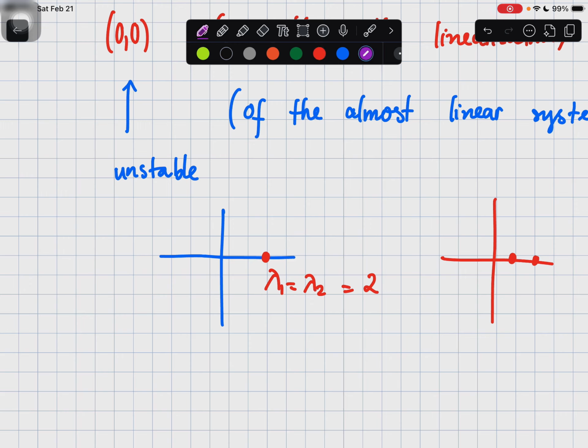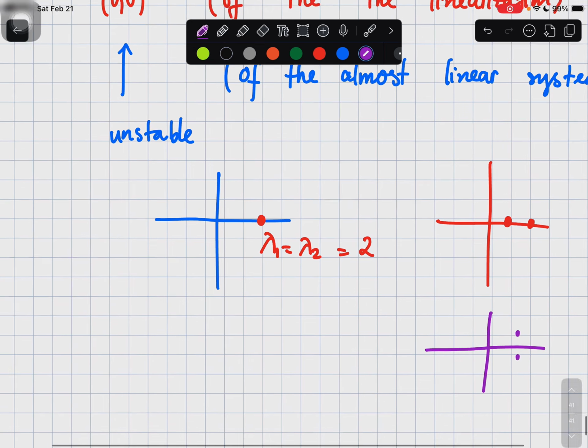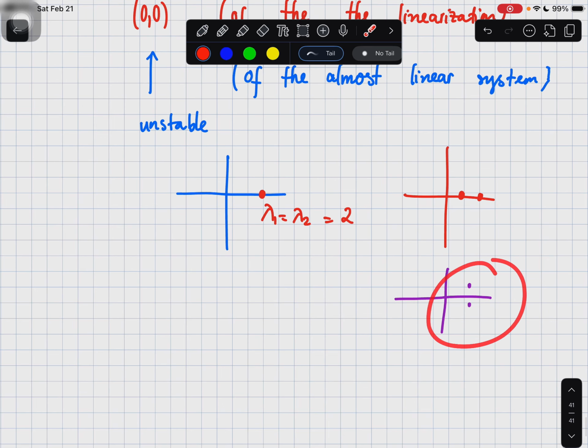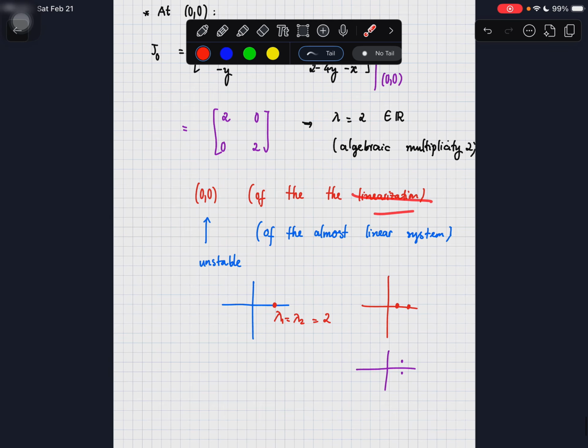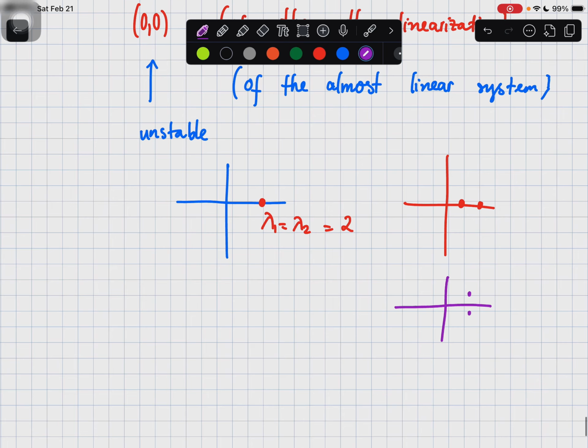But we can also have the case where it splits so that you have two complex eigenvalues that are conjugates of each other. In this case, you might have a spiral point. So the linearization theory can only tell us about the instability. We don't know whether it is a node or a spiral point.